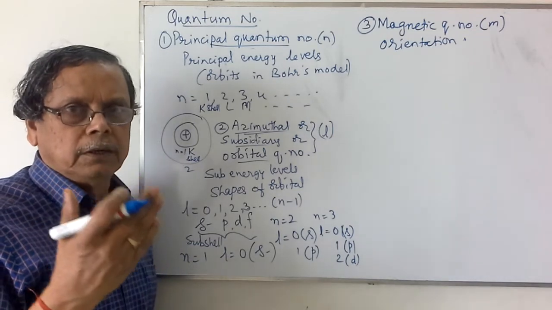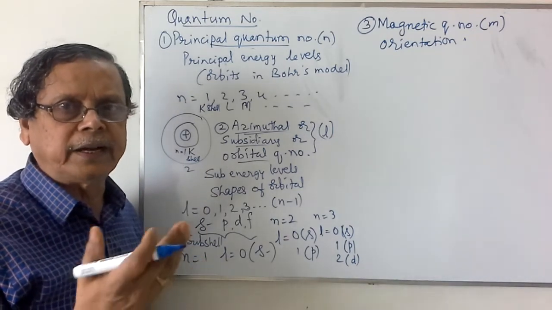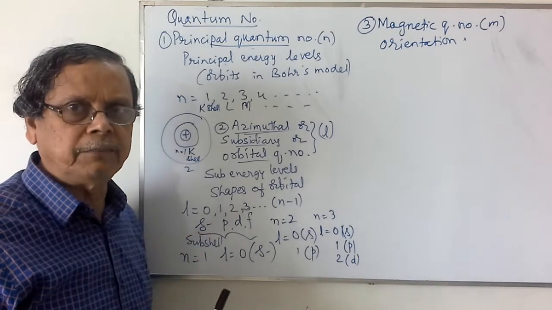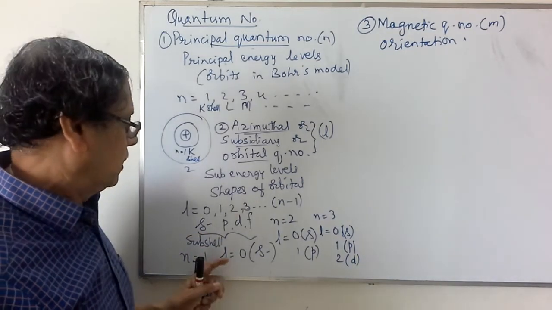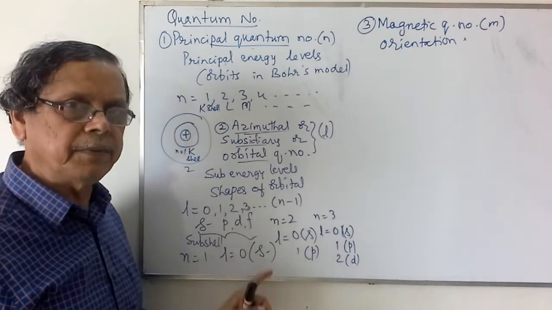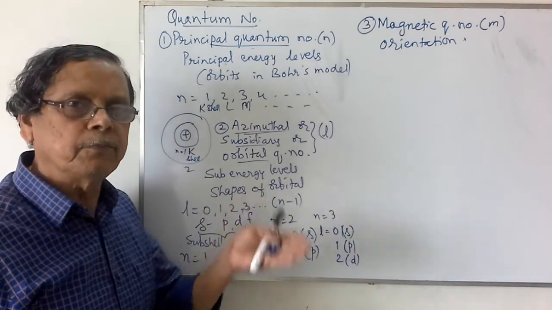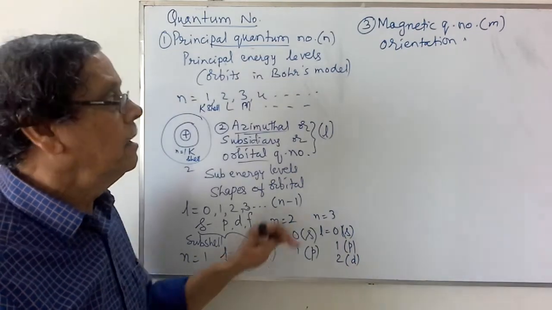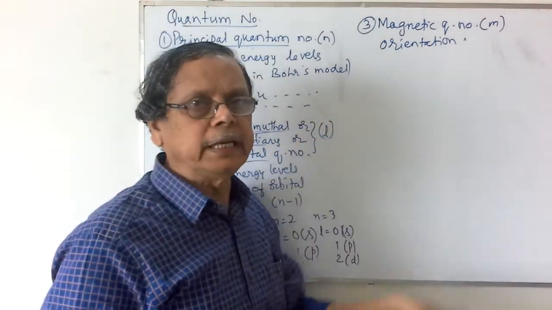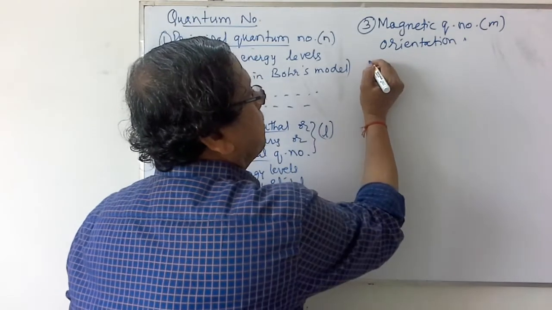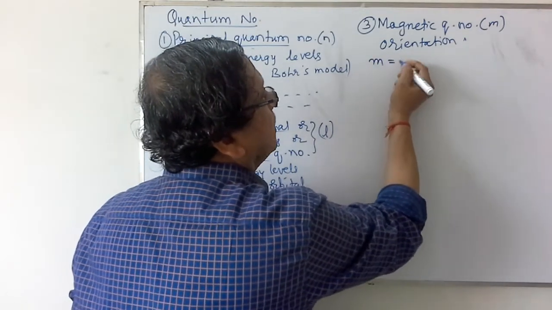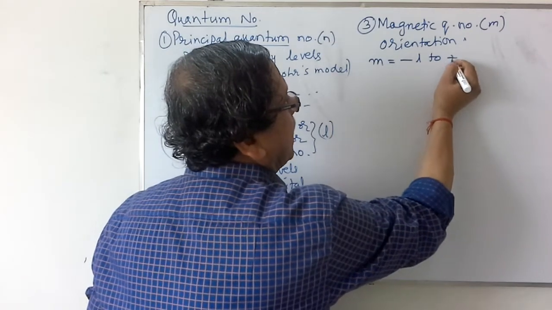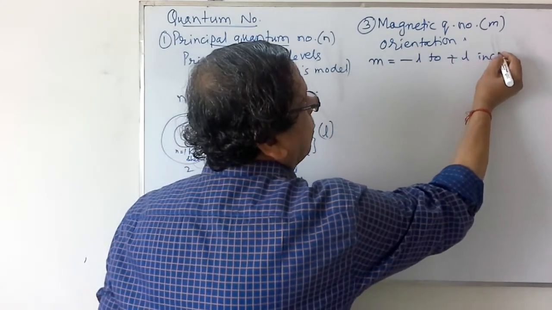We know that when we consider the Stark effect and Zeeman effect, each individual line splits into a different number of lines. That's why there are some sub-energy levels within the various subshells, which is indicated with the magnetic quantum number. This m can have the values from minus l to plus l, including 0.